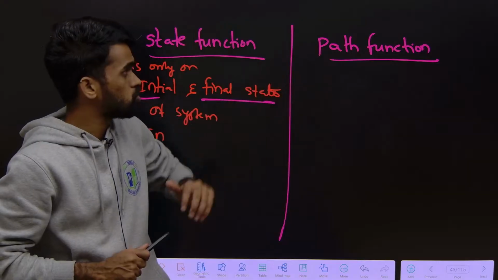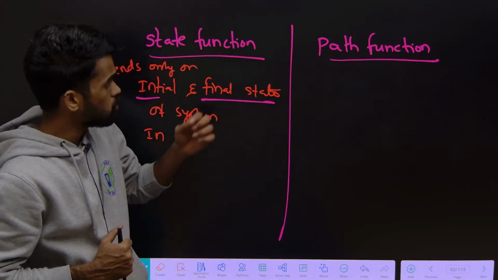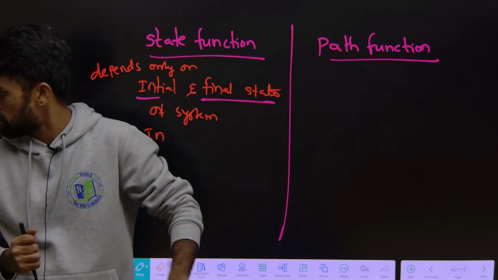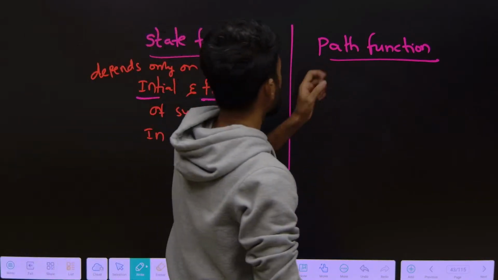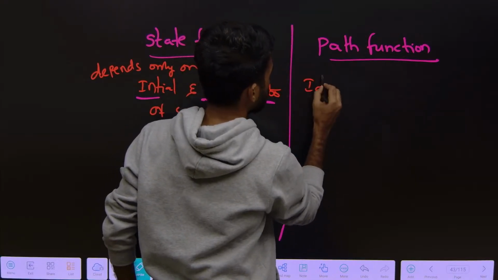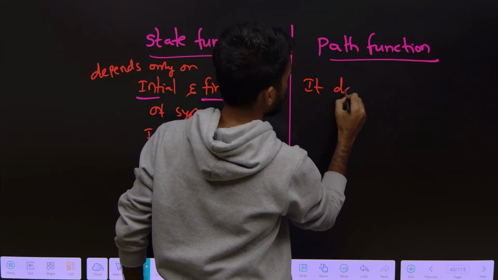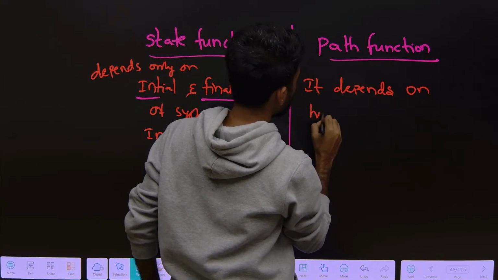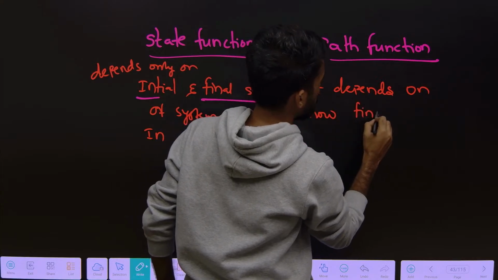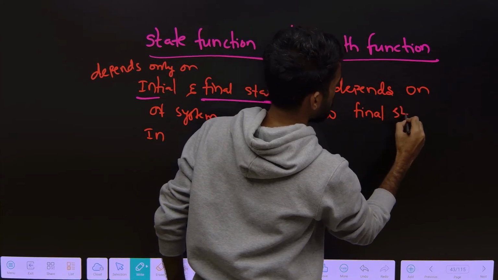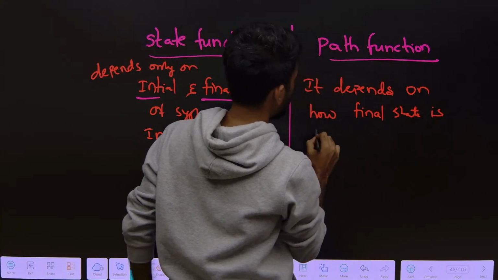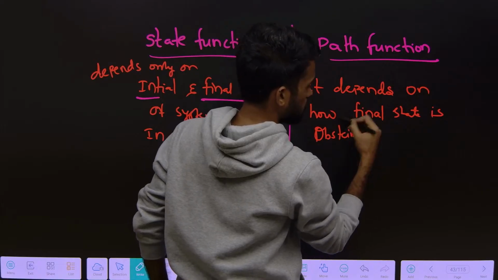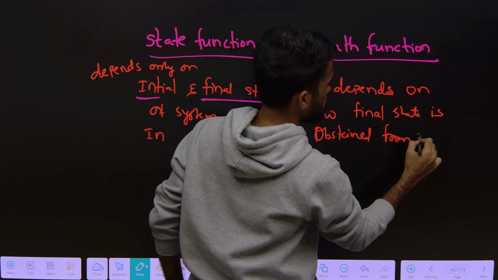Okay, when it comes to path function, you can understand this. I will give you complete examples of state function and path function, no worries, just look here. See, a path function depends on how the final state is obtained or reached from the initial state.